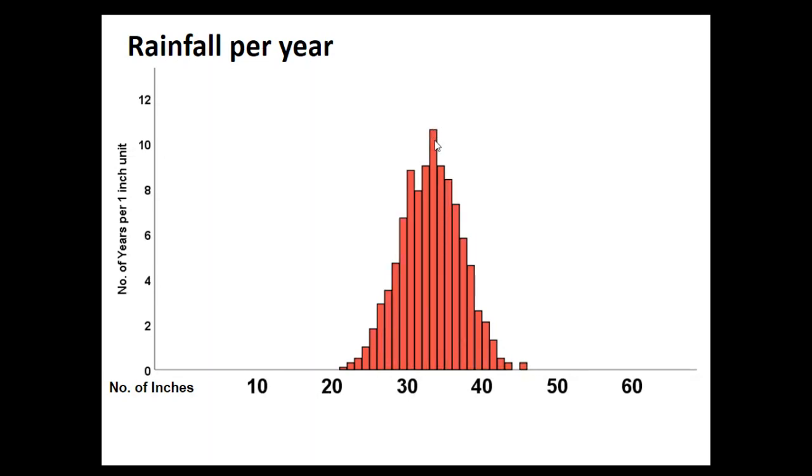Now, I'll ask you a few questions, and to help you think about these questions, it'll help you to understand this graph. First of all, about how many years were there in the past 120 years that had 25 inches of rain?